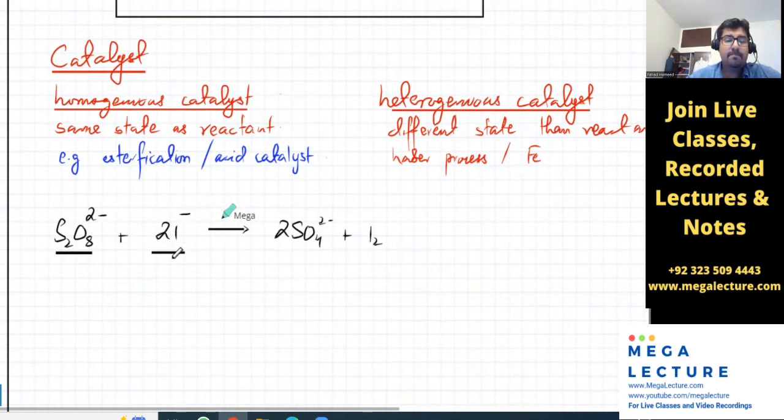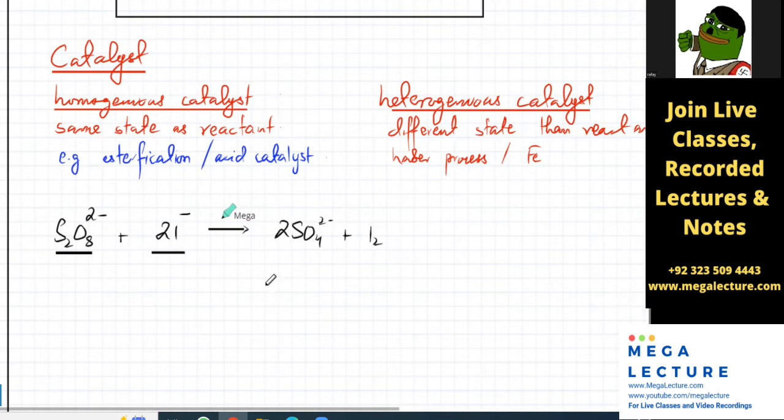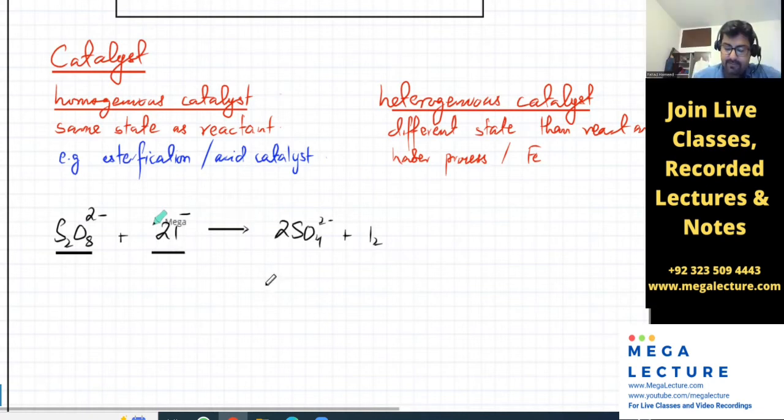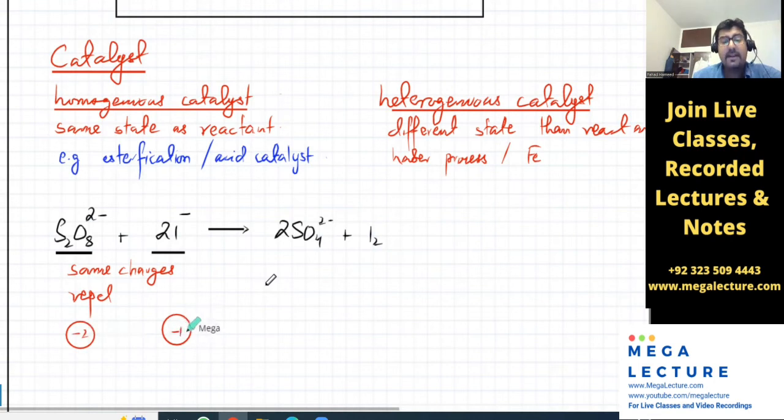Same charges, right? So the problem is that this reaction is not going to happen easily because they have the same charges, and same charged particles are going to repel. One of the particles has a -2 charge, the other has a charge of -1. Imagine them swimming around in the solution. You want them to react together.